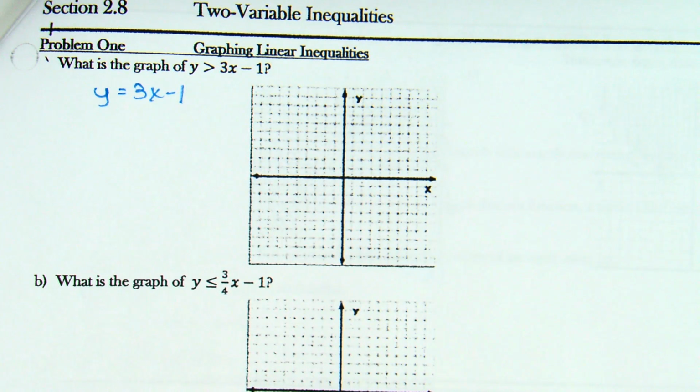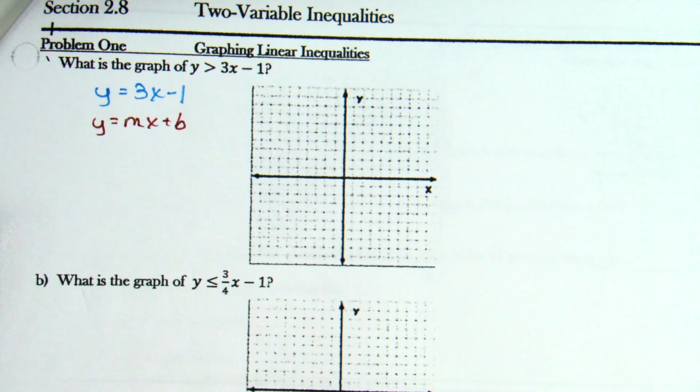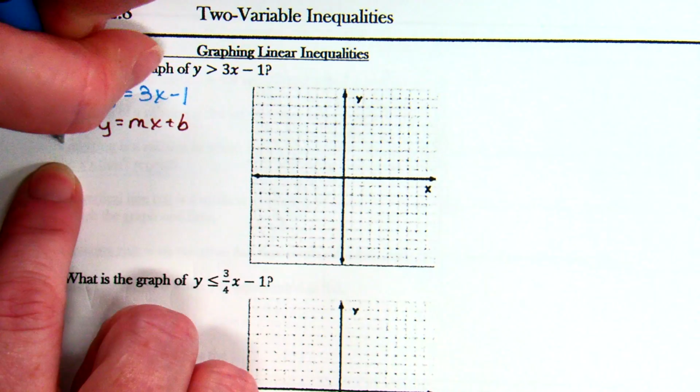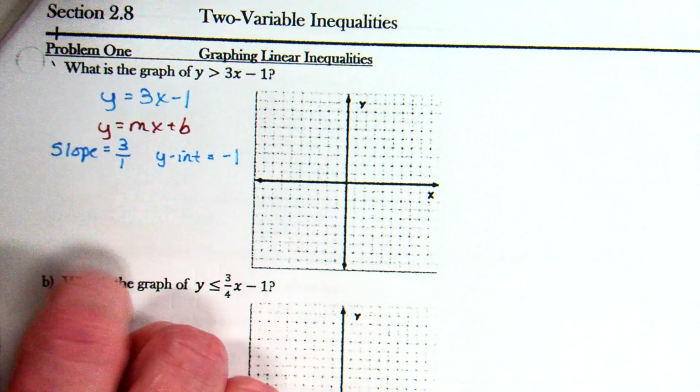Okay. Smart. I followed it. So what, and this is all because this is in what form? This is y equals mx plus b. We know the slope, as she said, is 3, which as a fraction is 3 over 1. The y-intercept is -1.